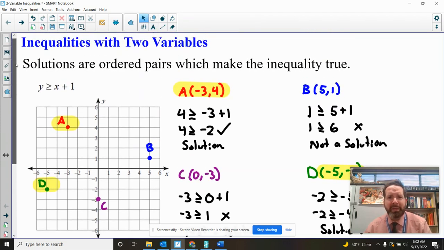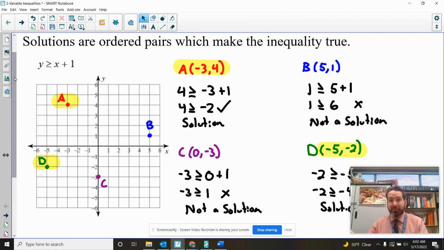So here's where we are. We've seen that some ordered pairs are solutions, some are not. We can check individual ordered pairs, but it kind of takes a little while. I mean, we looked at 4 ordered pairs and it took us a few minutes. If I asked you to check 20 ordered pairs, or 100 ordered pairs, or 10,000 ordered pairs, you'd be busy for quite a while.